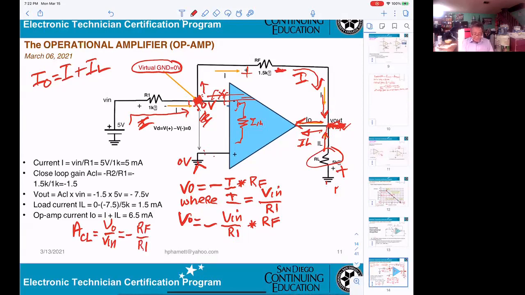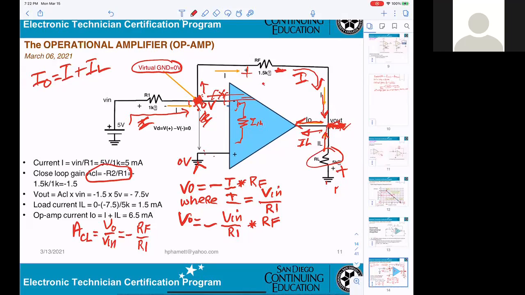This is the formula to calculate the gain for the inverting amplifier right here. So you can calculate the gain by taking 1.5K divided by 1K. This is 1.5K. So that's minus 1.5.